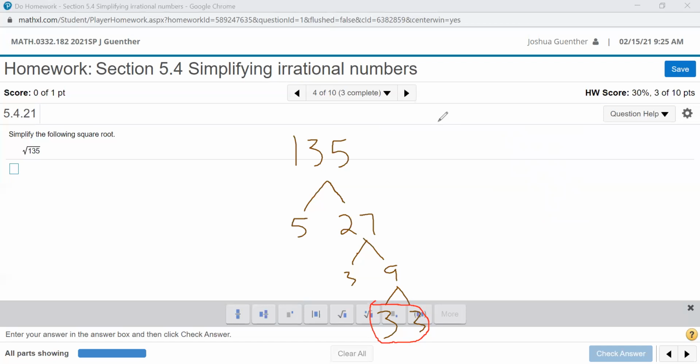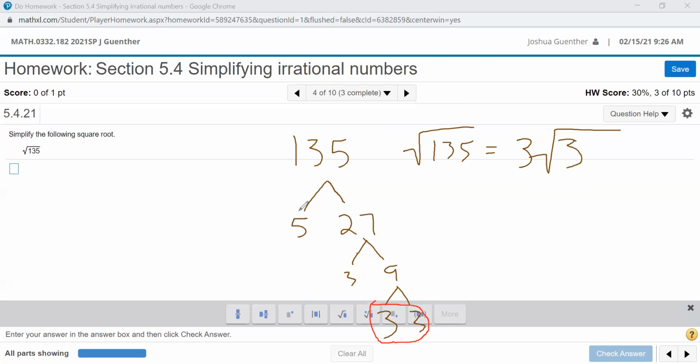So now when we simplify square root of 135, we're going to take any pairs and bring them out to the front of the square root, but with just a single representation for that pair. It's like it gets cut in half almost. You still have a square root, and on the inside, you need to multiply what didn't get to come out. There was a single 3 here that didn't get to come out.